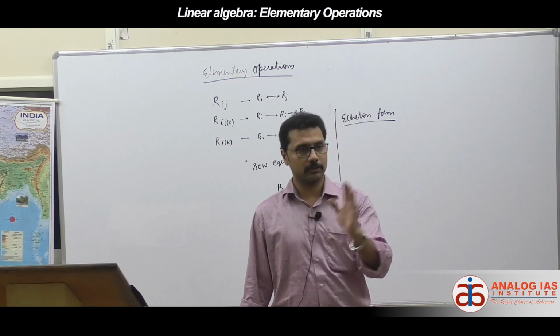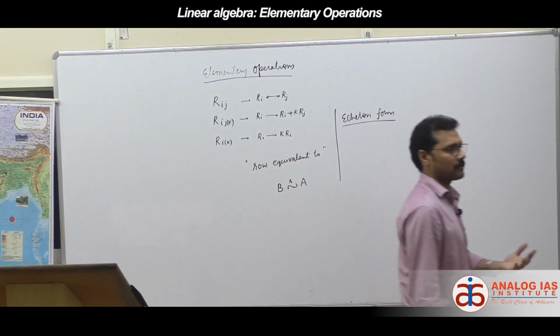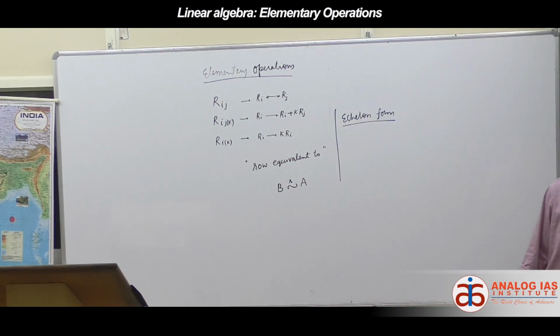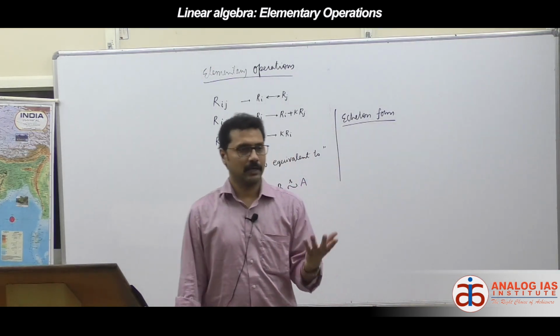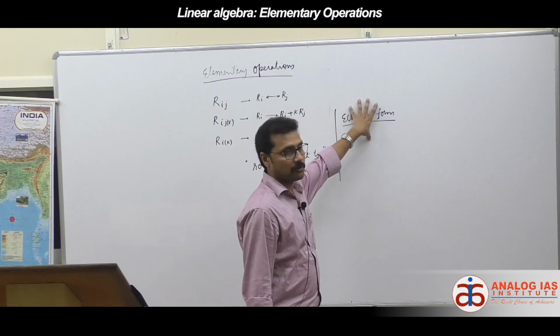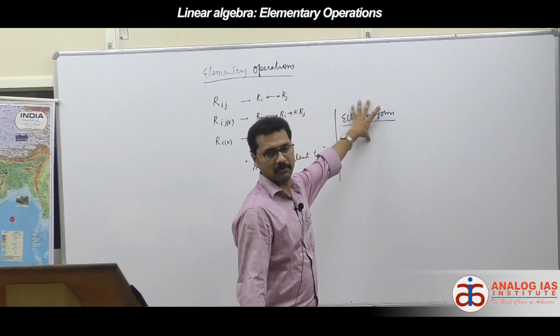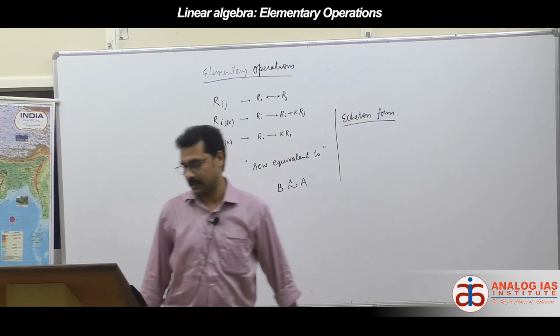It looks like a triangular matrix if it is a square matrix. But if it is not a square matrix, some m by n matrix, this definition of echelon form always holds good.